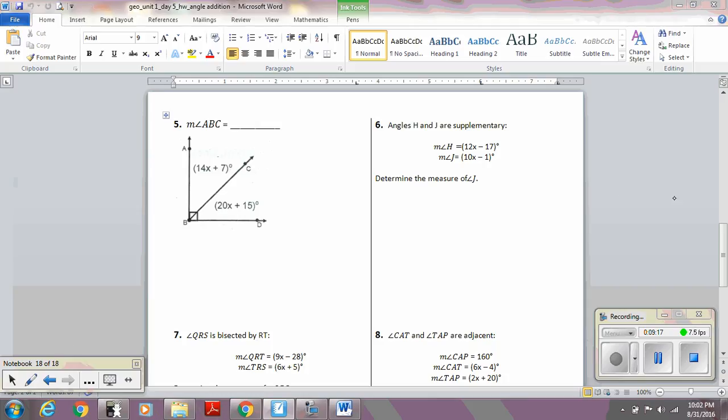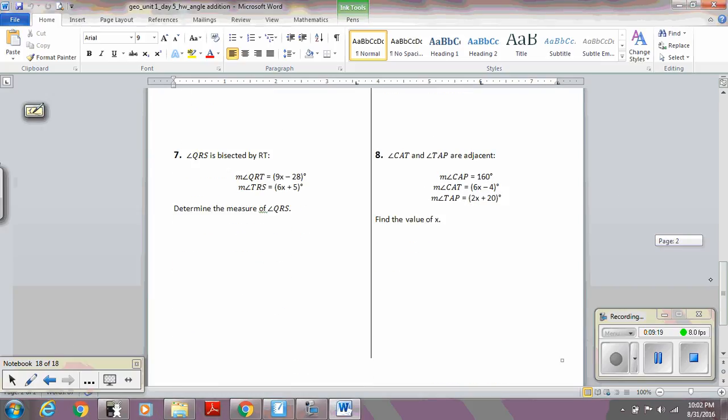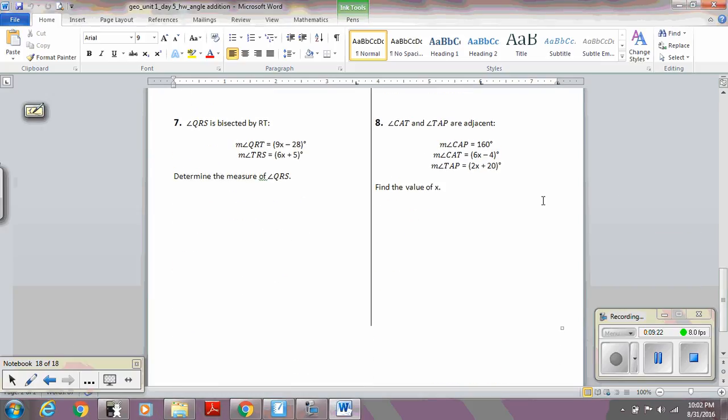And the last question I'll help you with on your tutorial. It says that angle QRS is bisected by RT. So you probably want to draw this figure.